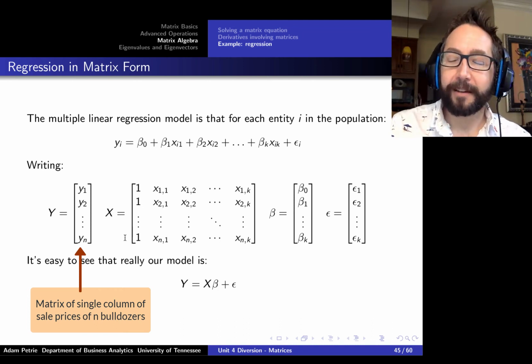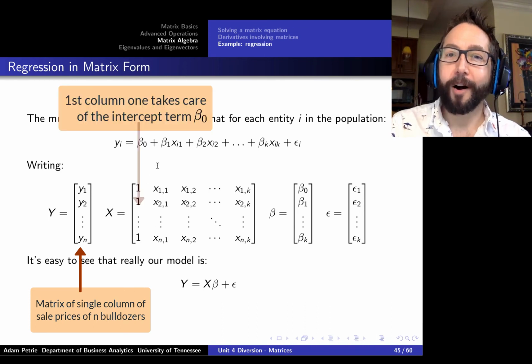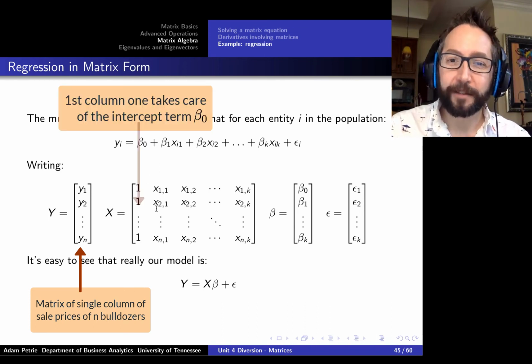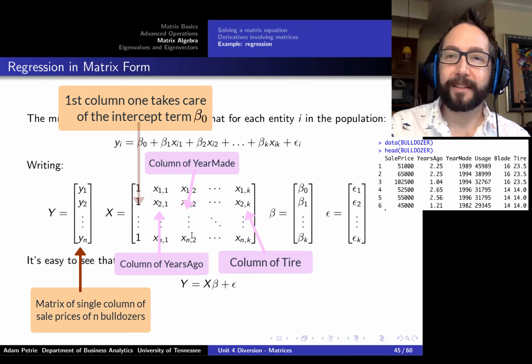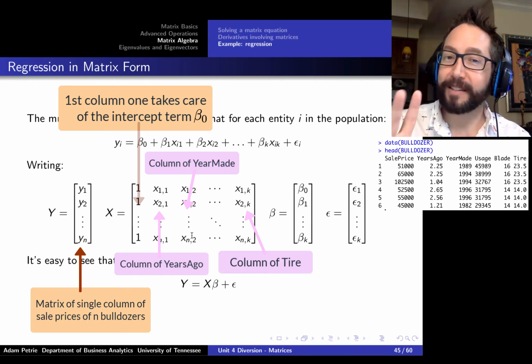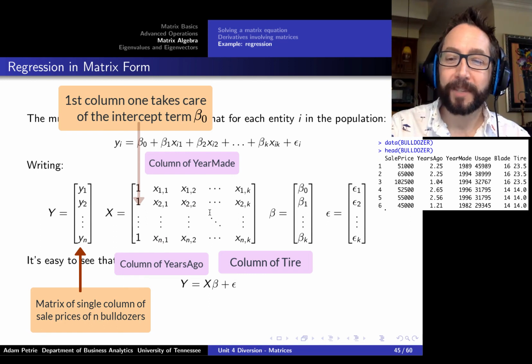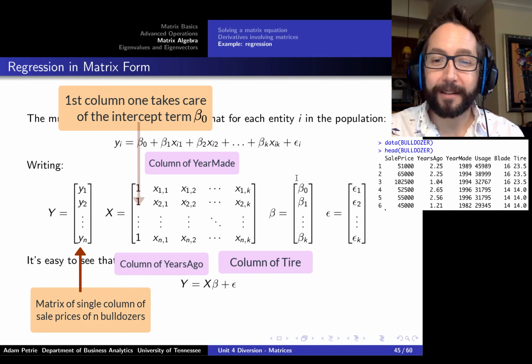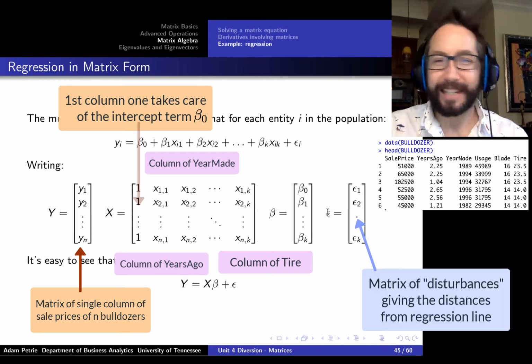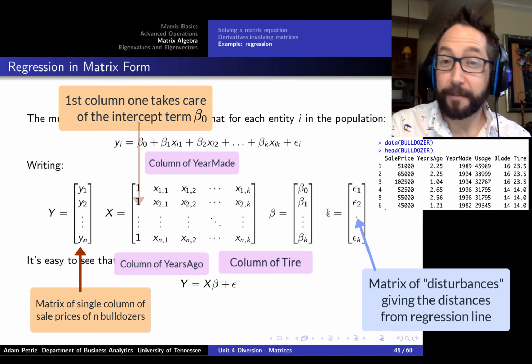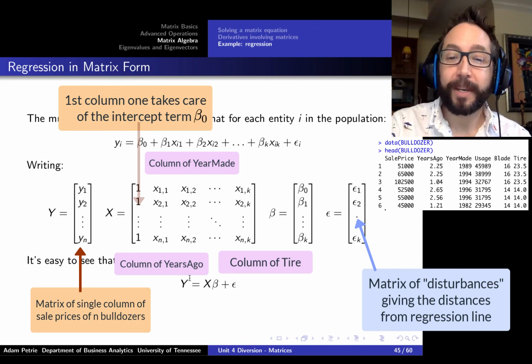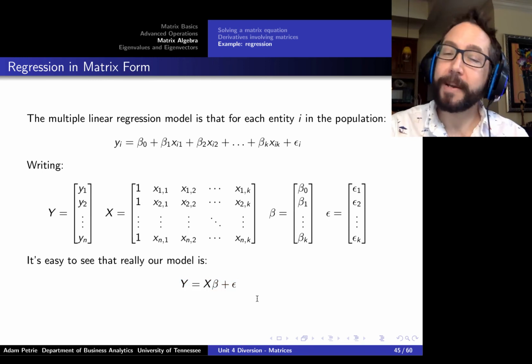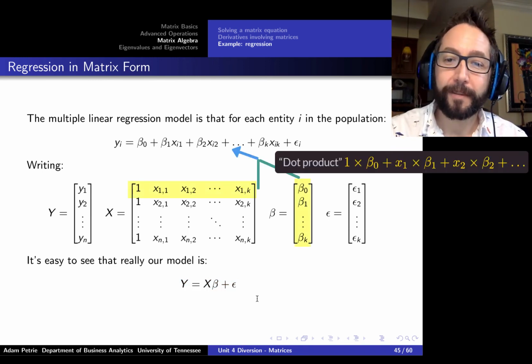And then we define the X matrix to have the first column all 1s, the second column being the x1 values of all the individuals, the third column being the x2 values of all the individuals, etc., etc. Then, if we define the matrix beta to be just the matrix of the coefficients, and epsilon being the matrix of the disturbances, how far off the individual is from that straight line, we can actually write the regression model in matrix form as follows.